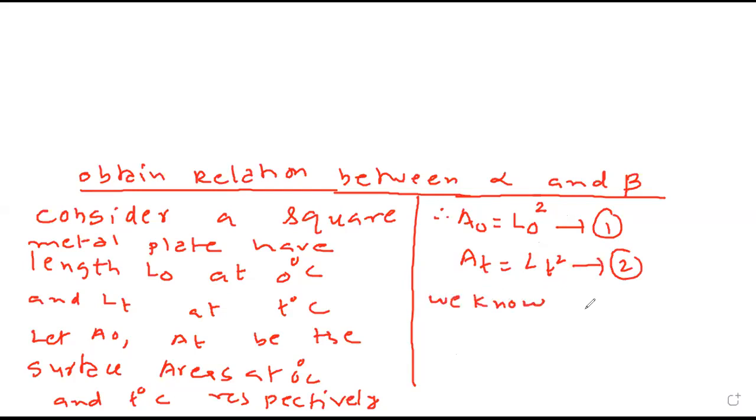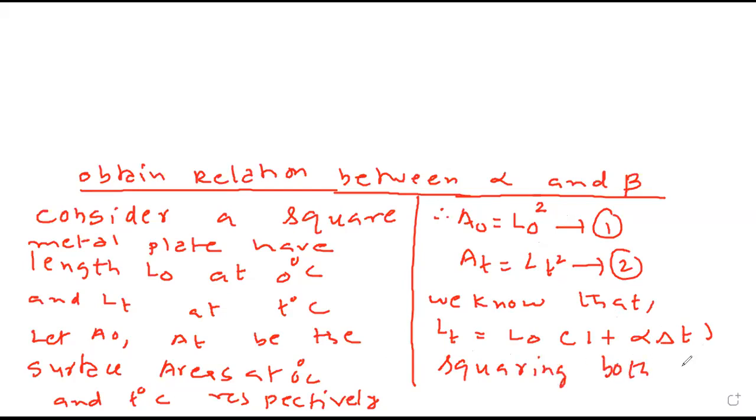Now we know that LT equals L0 times 1 plus alpha delta T. How will this LT become LT square? Can I say squaring both sides? If I square both sides, then left hand side will become LT square. See, this is not L and T two terms. It is a suffix, like we write A1, A2, A3. Therefore, it is LT here.